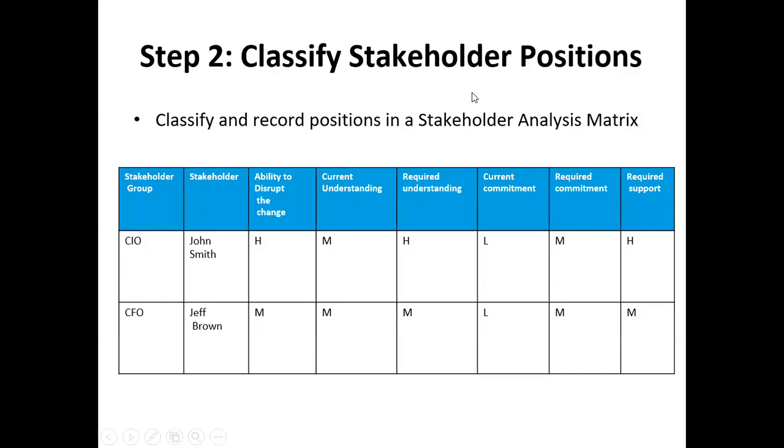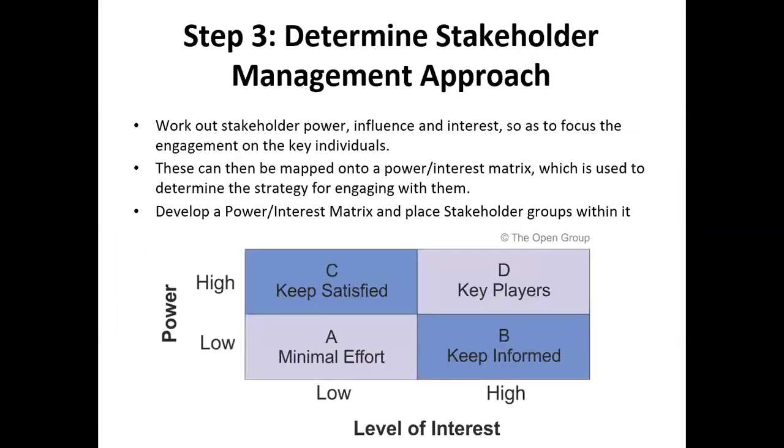Now, third one, step number 3: determine the stakeholder management approach. Here, there is something called the power interest matrix. If the power is high and the interest is low, keep the person satisfied.